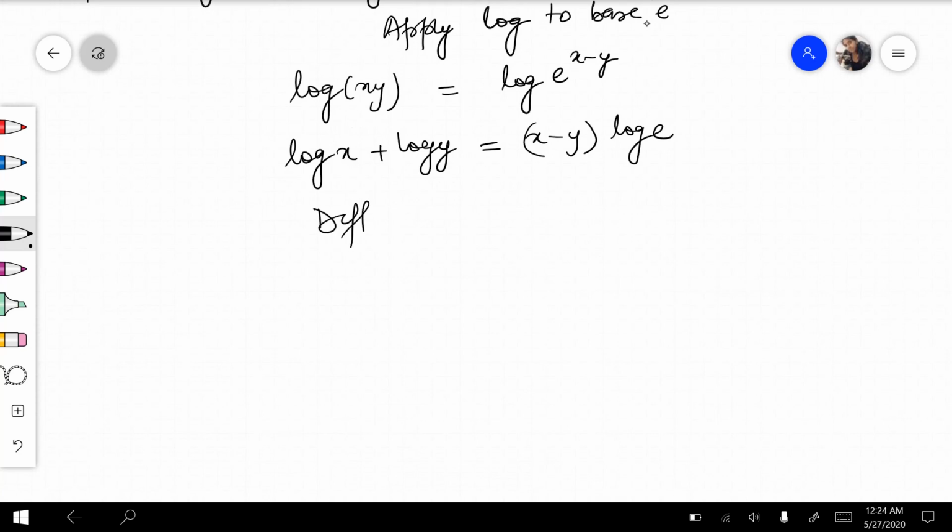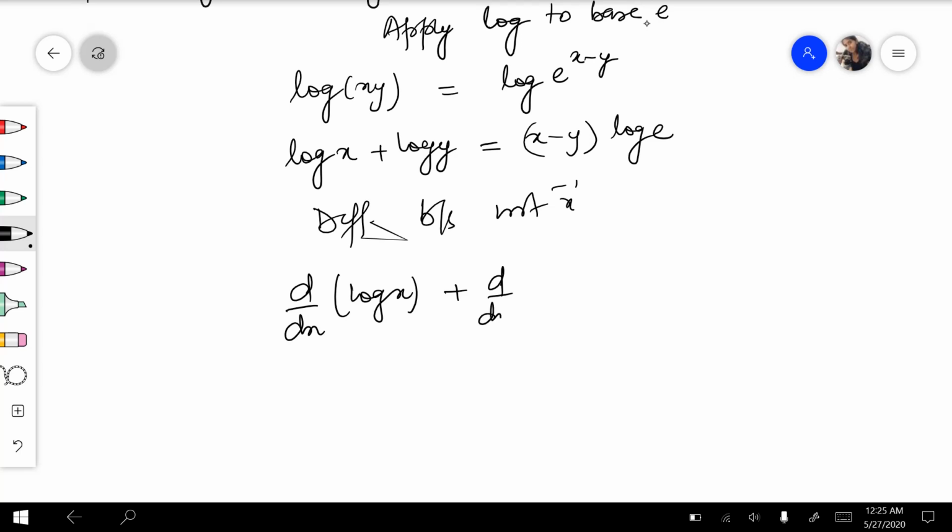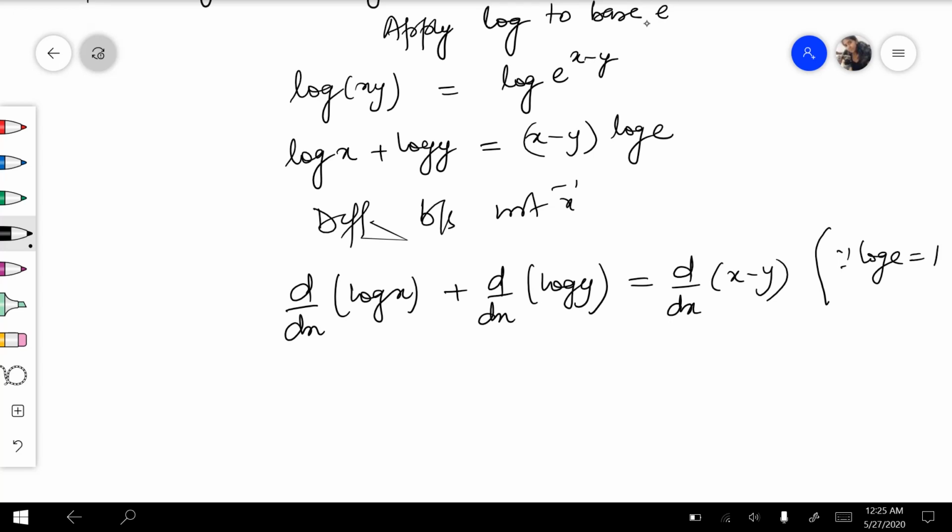Differentiate both sides with respect to x. उससे क्या आ गया आपके पास, d by dx of log of x plus d by dx of log y is equal to d by dx of x minus y, because log e is equal to 1.